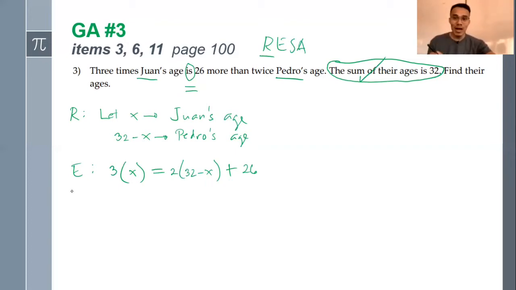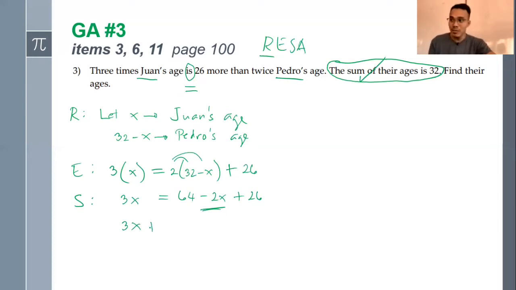Now, if you have overcome this stage, then your next problem is going to be how to solve this equation. So we are now in S, solution. We have 3x equals 64, negative 2x plus 26. 3x, and then the 2x can be transposed to this side.